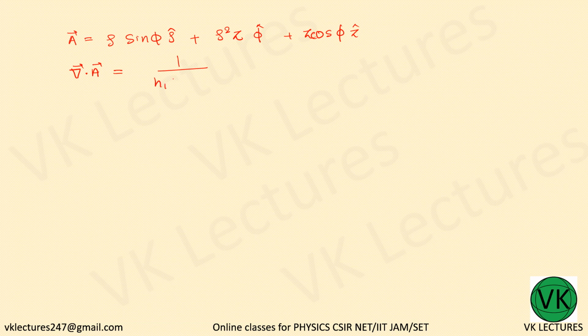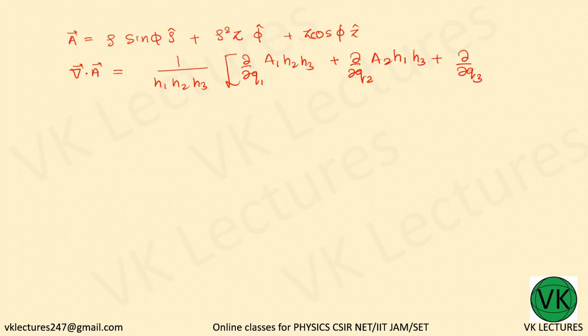1 by h1 h2 h3 dou by dou q1 of a1 h2 h3 plus dou by dou q2 of a2 h1 h3 plus dou by dou q3 of a3 h1 h2.